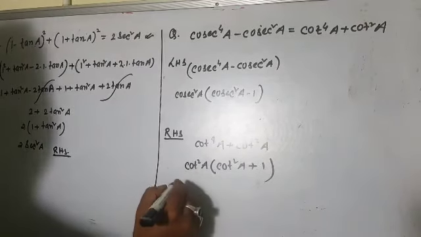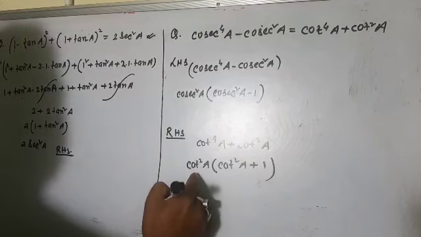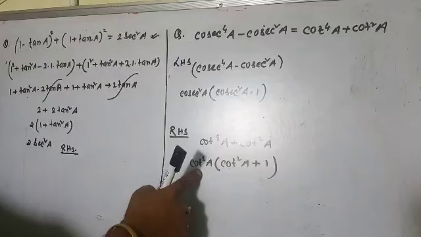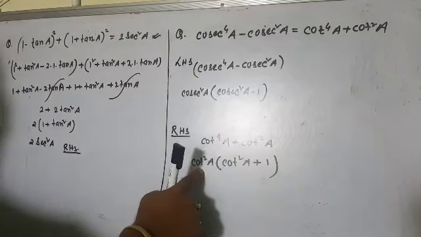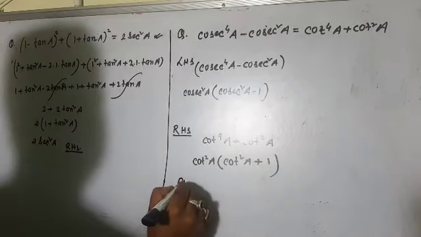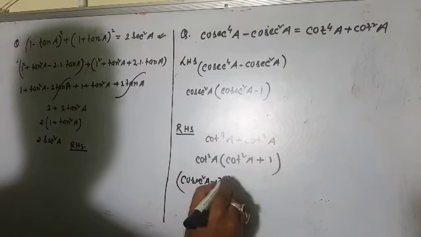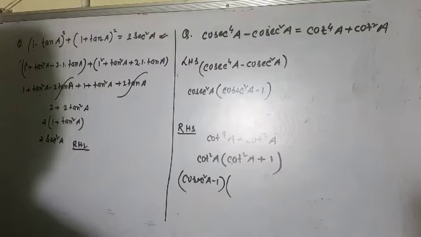Now cot square A and cot square A plus 1. Here I take cot square A as common. So cot square A we can say cosec square A minus 1 according to identity, and cot square A plus 1 is what?